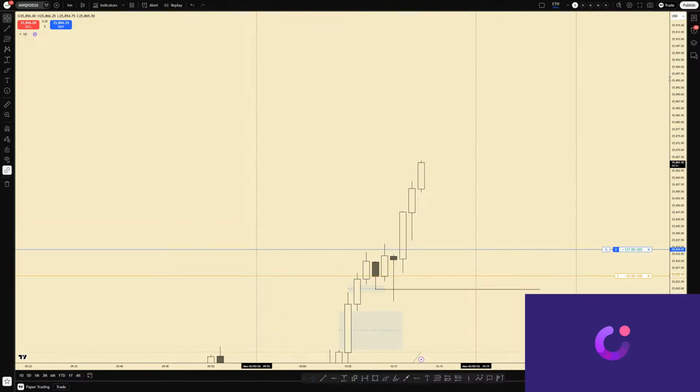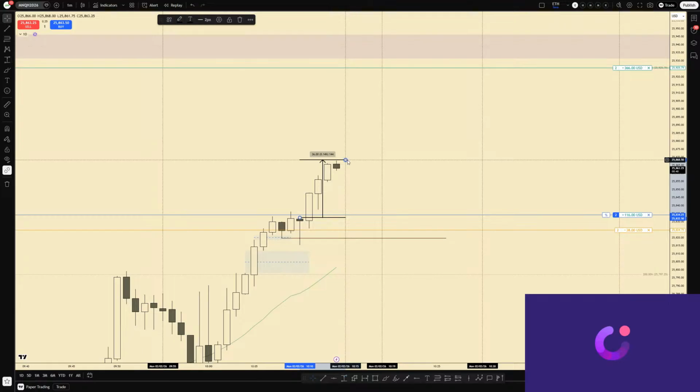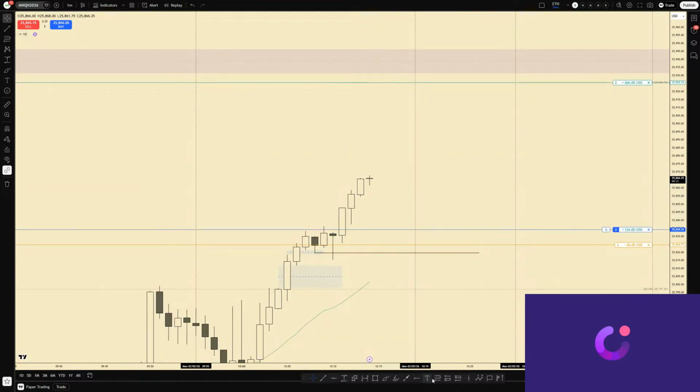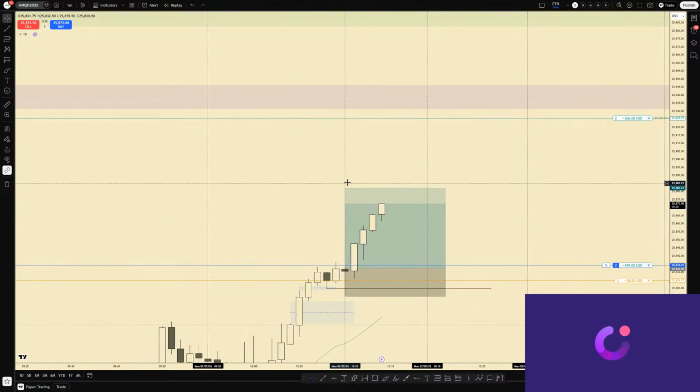Now let me check how much risk we took point wise. 18 point risk, and price almost hit the 2 hour. So I want to take another partial in 3 hour, which is about 54 points, I guess. Yes.